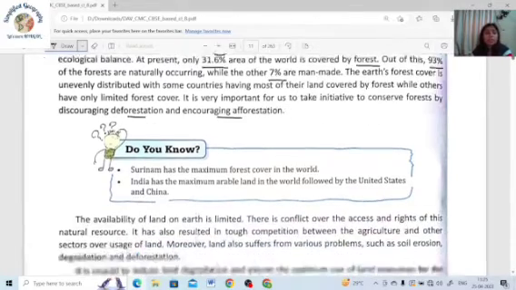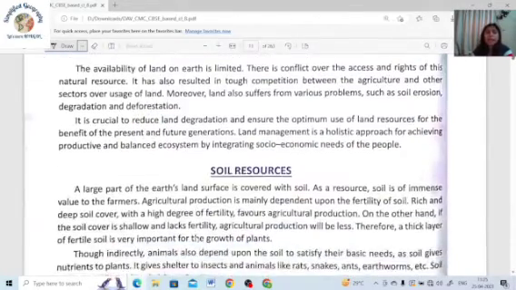Moving on to the next, the availability of land on earth is limited. There is conflict over the access and rights to natural resources. It has resulted in tough competition between agriculture and other sectors of usage of land. They suffer various problems such as soil erosion, land degradation, deforestation, etc.